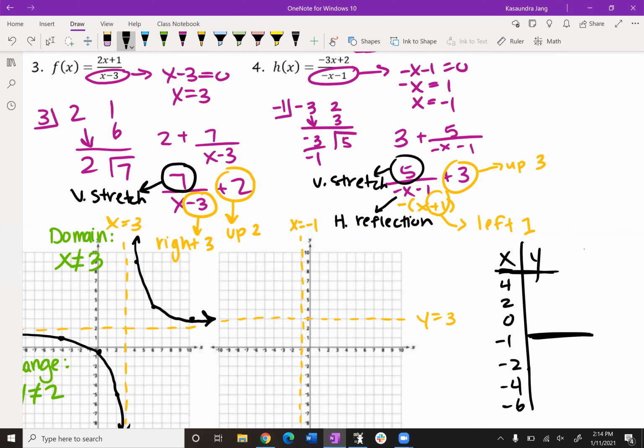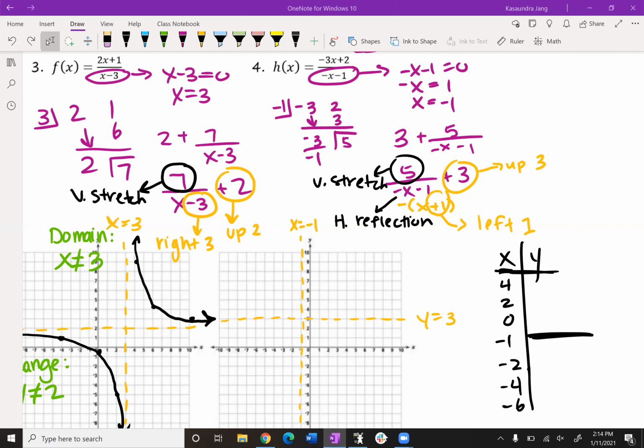So let's see here. Will you plug in the positives, the 4, the 2, and the 0? Okay.